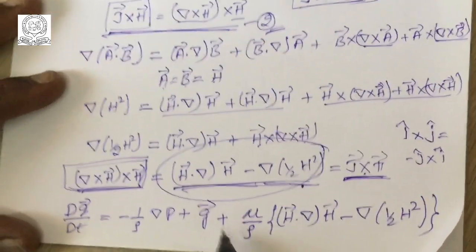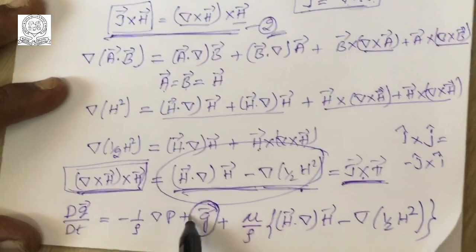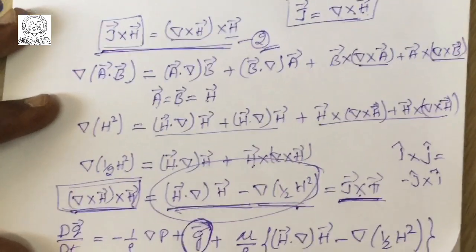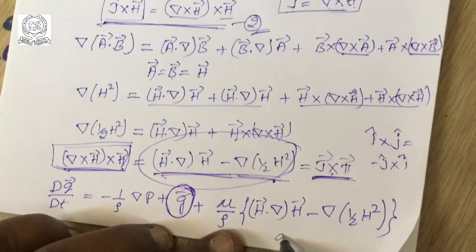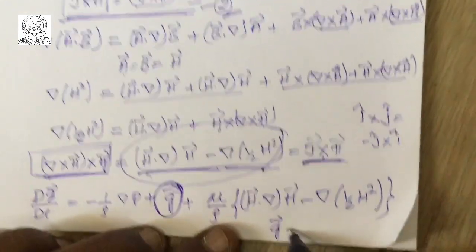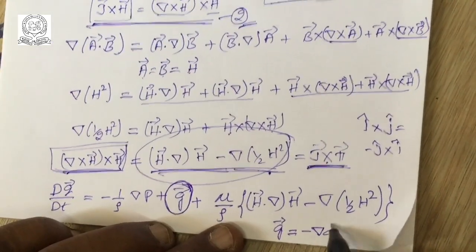Before going to simplification, you know the acceleration due to gravity is conservative in nature. Conservative in nature means you can express the vector g as gradient of some scalar, omega or phi, anything.